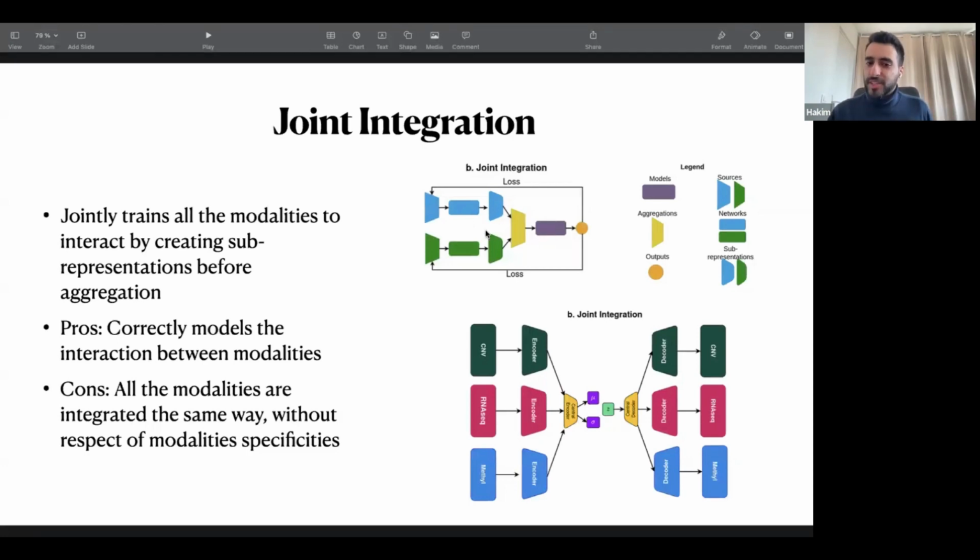The sub-representations are the ones that are plugged into the final model. So here, for example, in our variational autoencoder, instead of having a single encoder in the same framework, we would have one encoder per source that converge into a central encoder that gives a final latent representation.